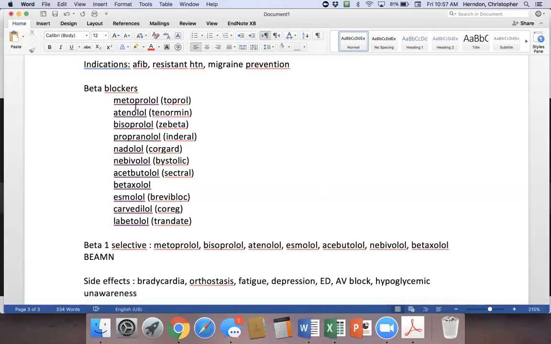So let's run through these drugs. Metoprolol, atenolol, bisoprolol, propranolol. What do we need to know about that? It's the most lipophilic. That's why you see it used for a lot of the CNS indications like tremor, anxiety, migraine prevention. Nebivolol, how is that drug different?